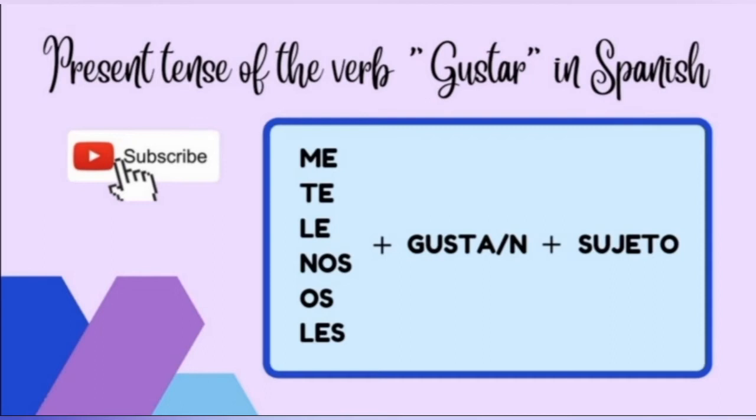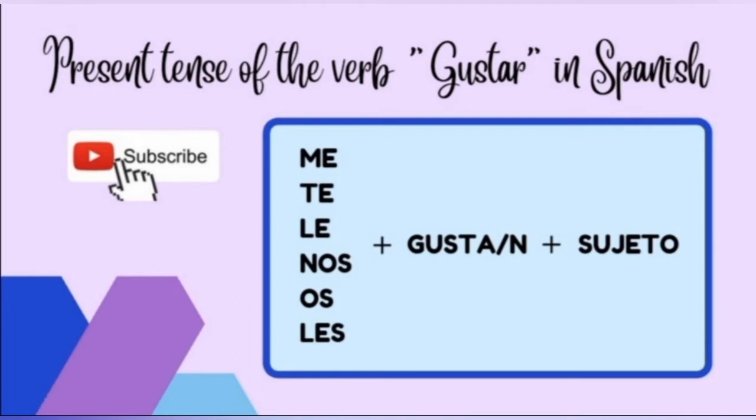So what happened here? In Spanish, the structure of the sentence with the verb gustar is different. It would be, first, a personal pronoun that works as an indirect object, me, that substitutes the subject in English, I, that is yo, plus the verb gustar, which can only be singular or plural, gusta, gustan.